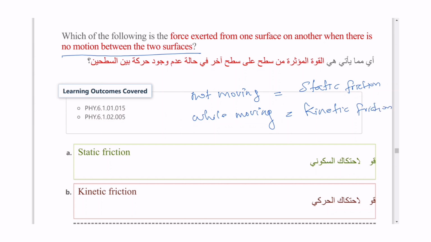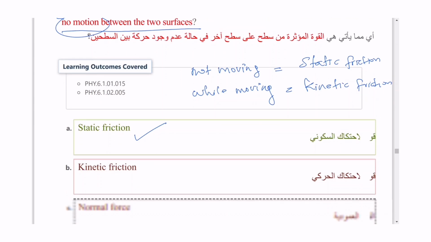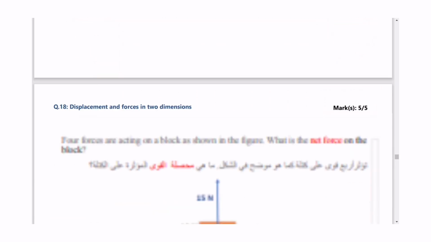So there are two types of friction, static friction and kinetic friction. Here the answer to our question is static friction. When the object is not in motion, the friction between the surfaces is called static friction.